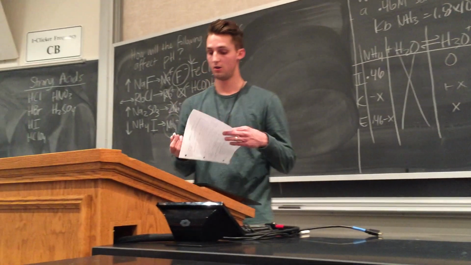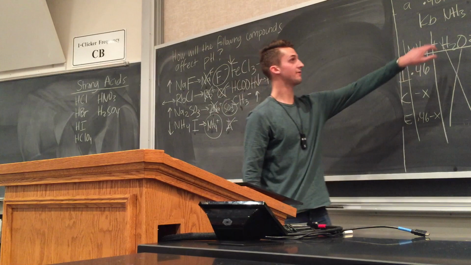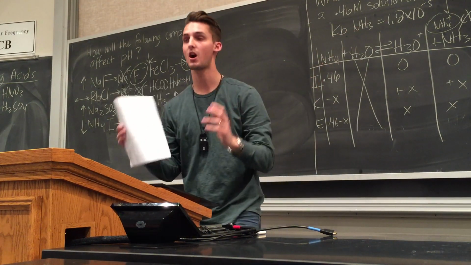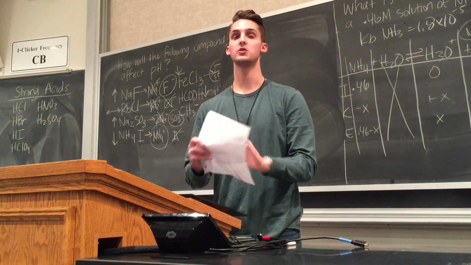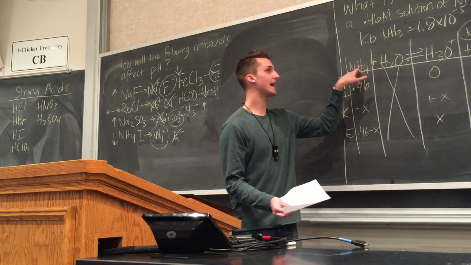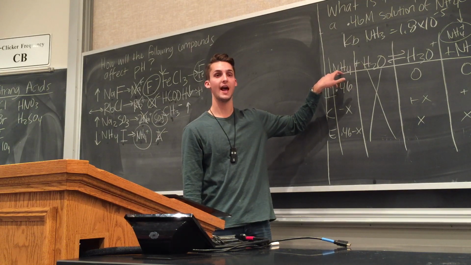Okay, so now we need to solve for our x. We were given the Kb of ammonia. This is one of the most common mistakes that people make, is they just take that Kb and run with it, because that's what you were given. But in this case, we're not reacting ammonia with water, we're reacting ammonium, which is the conjugate acid.